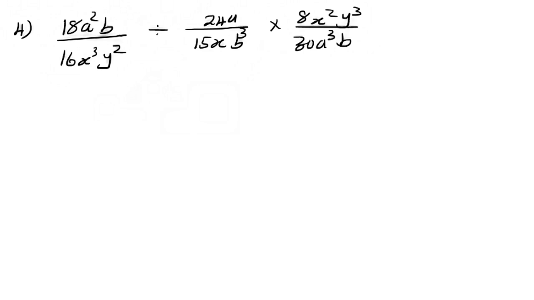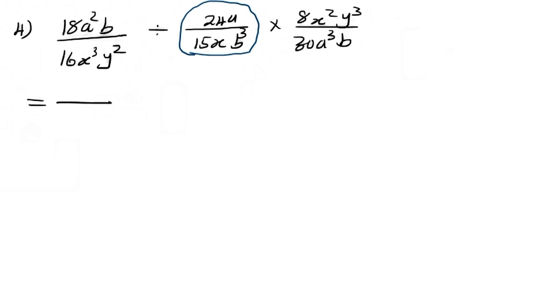So quickly let's rewrite this as I explain the concept of reciprocation. I will quickly go ahead and reciprocate 24a all over 15xb cubed. So I want to reciprocate this value here, right?